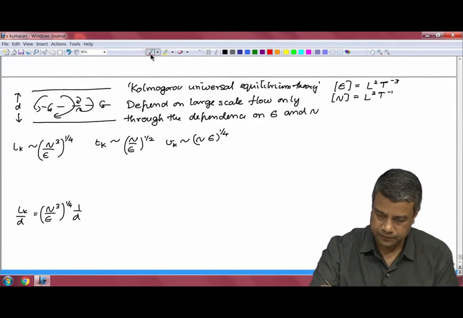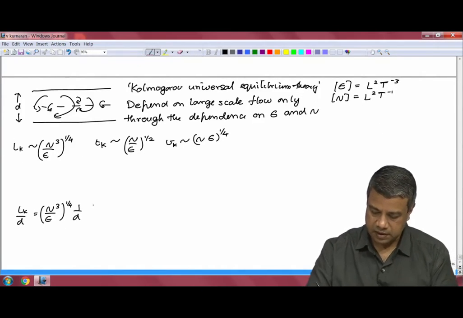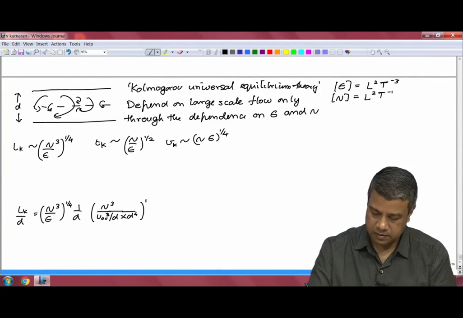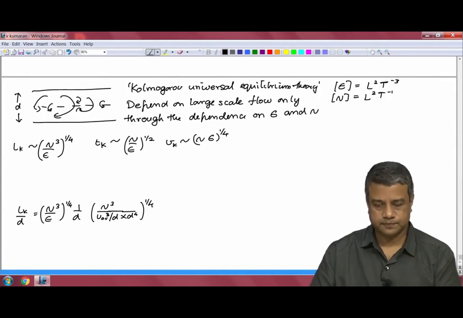So, if I take the d in, I will get nu cubed by (V average cubed by d) into d power 4, whole power 1/4.